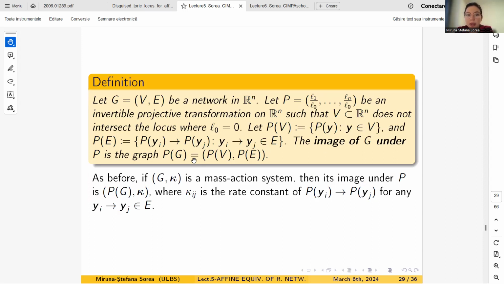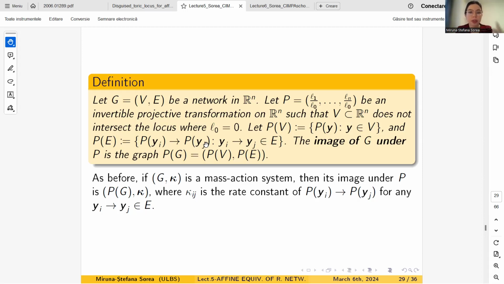As before, what is the new graph? What are its vertices, what are its edges? Again, the vertices are obtained by taking the images of vertices from the previous network, and the edges, again, just connect these new images.